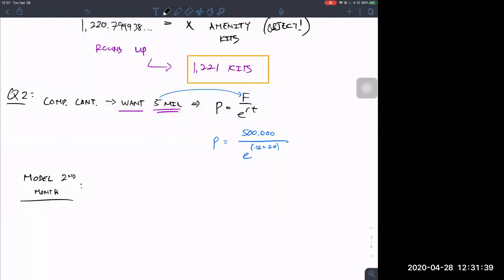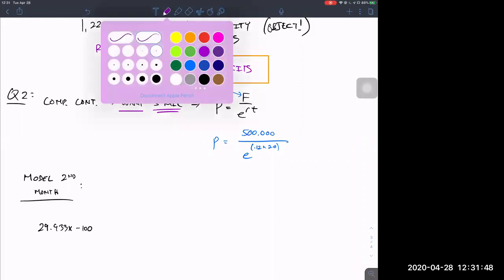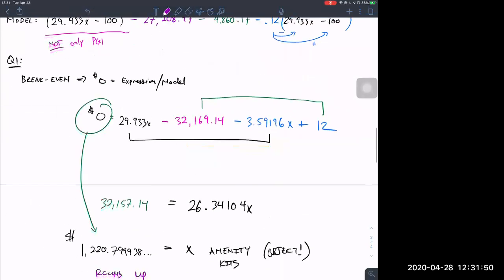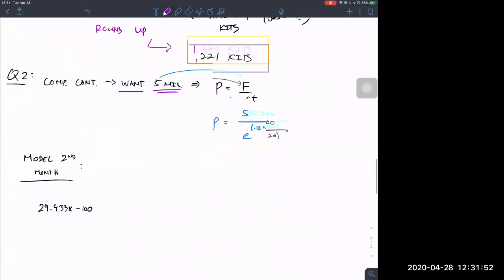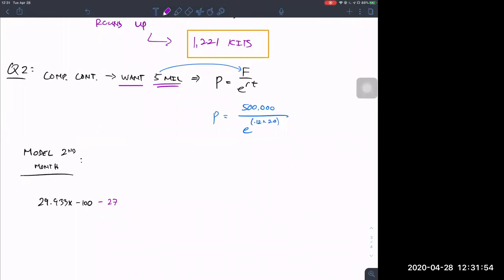Which again is 29.933x minus 100. What colors do I use? Minus 27.